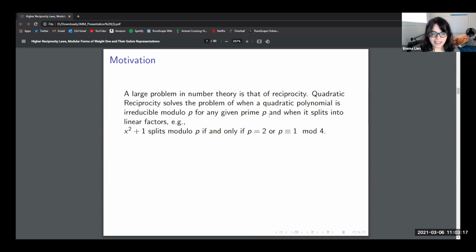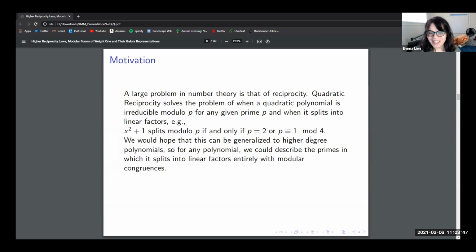So you might have seen this example before, that x squared plus 1 splits mod p if and only if either p is equal to 2 or p is 1 mod 4. And sort of ignoring this case, which is the case for ramified primes, all other primes for which x squared plus 1 splits can be characterized by this modular congruence.